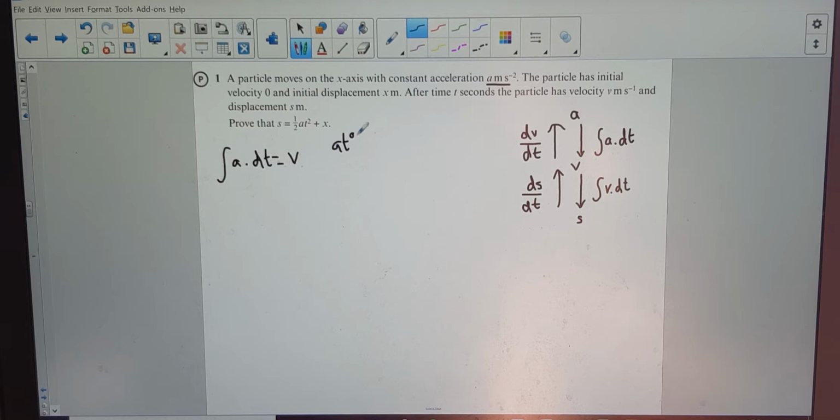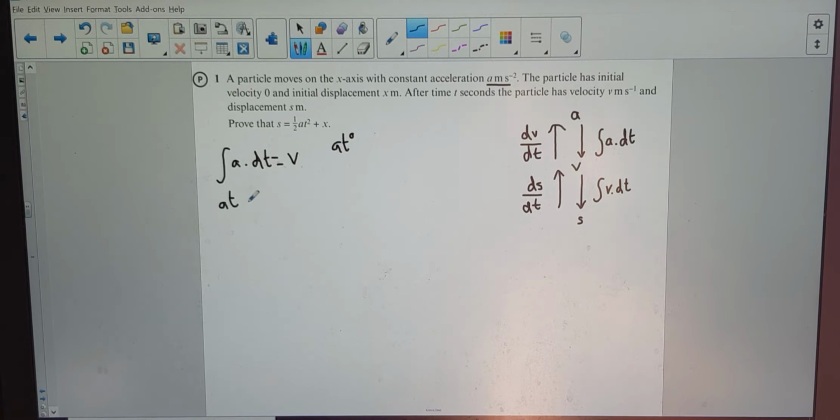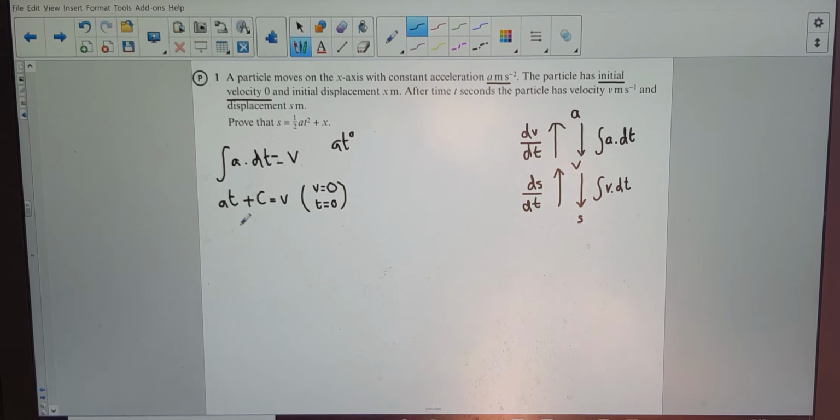So if I increase the indice by 1, divide it by the new indice, that's going to give me at over 1, which will just be the same thing, plus, whenever I integrate, I have a constant of integration, is equal to my velocity. I'm told in the question that the particle has an initial velocity of 0, i.e., v equals 0, and because it's initial when t equals 0. They've provided us with that information in order to work out what the constant of integration c is.